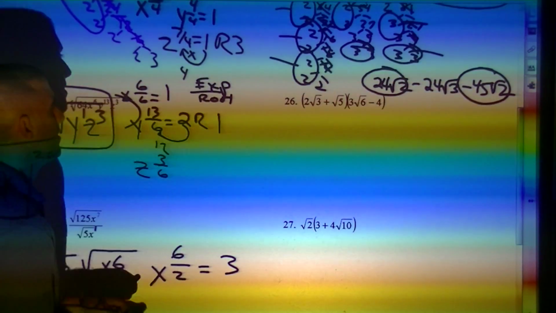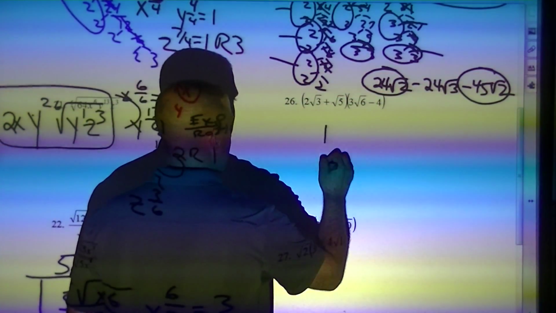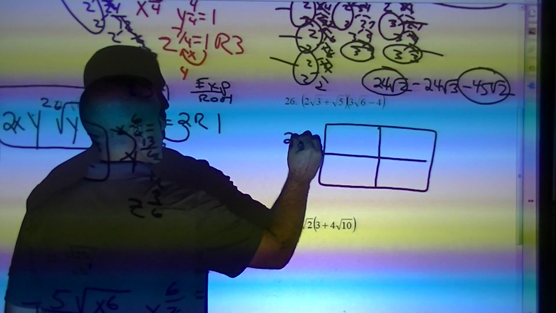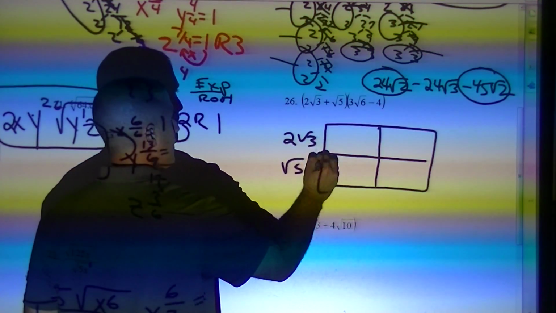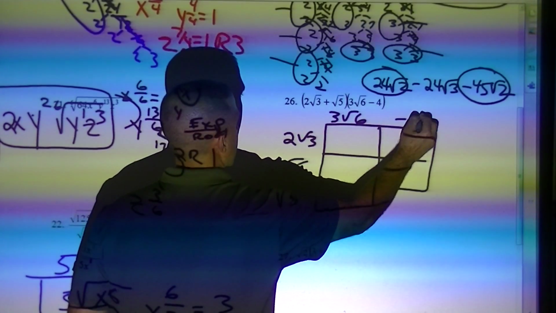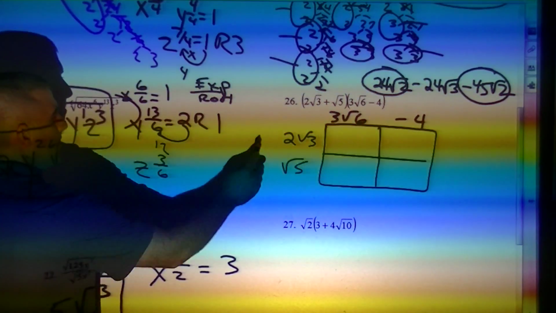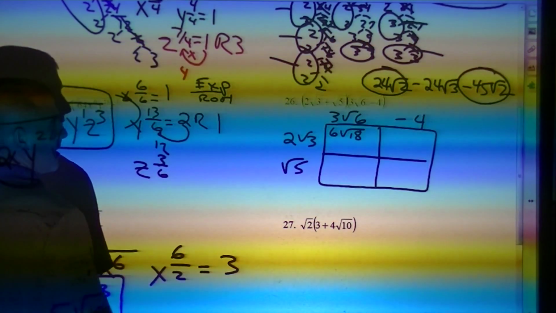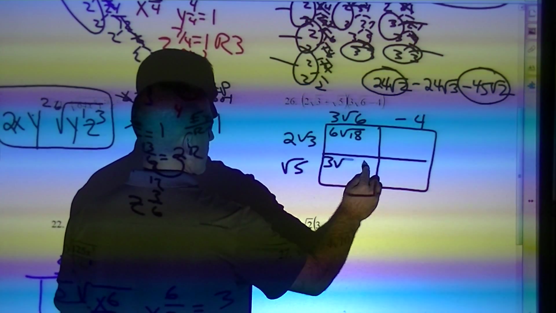All right. This one, okay, what I'm going to do is I'm going to do boxes for this. Okay. 2 square root of 3, square root of 5, 3 square root of 6, negative 4. So this would be 6 square root of 18. Okay. This would be 3 square root of 30.